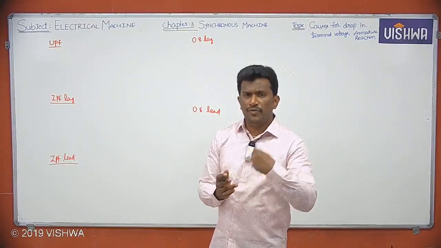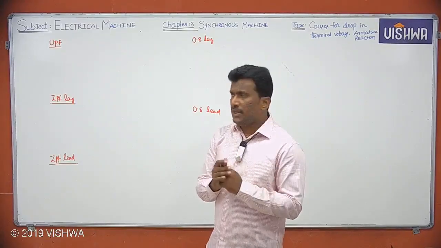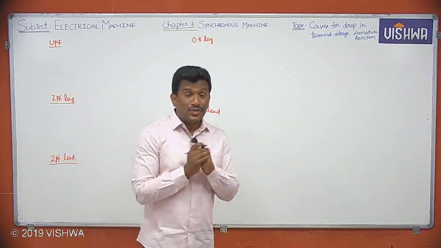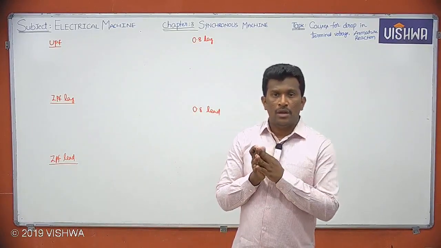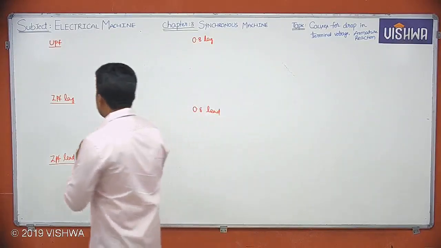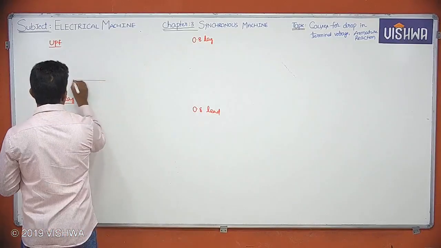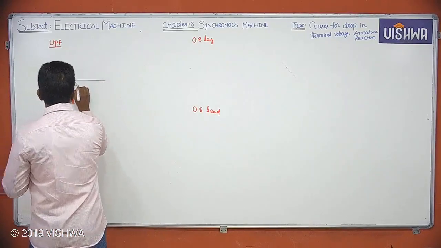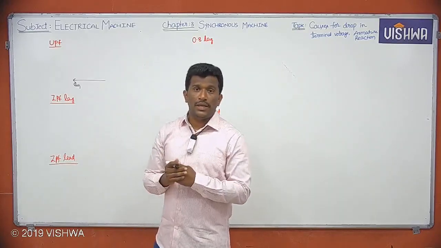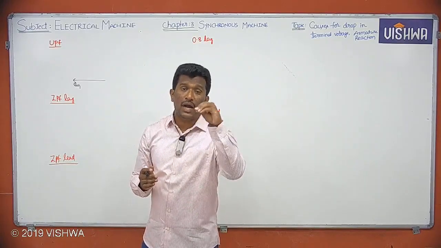Before explaining all those things, let me ask you a simple question. Because of giving excitation to the field winding in your alternator, we will get main flux. Let me take that as like this. This is the main flux. Because of that main flux only, EMF will be induced in our alternator.